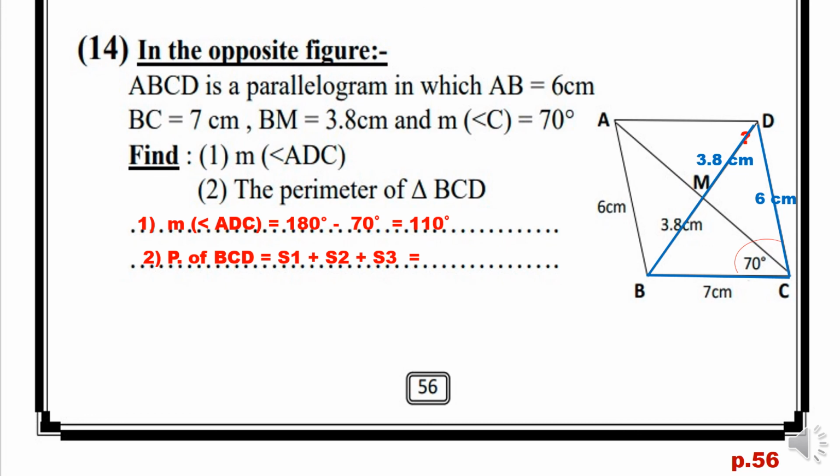So perimeter of BCD equals side 1, which is BC, 7 centimeter, plus side 2, which is CD, 6 centimeter, plus side 3, which is DB, 7.6 centimeter. So I will add them together, 7 plus 6 plus 7.6 equal 20.6 centimeters.